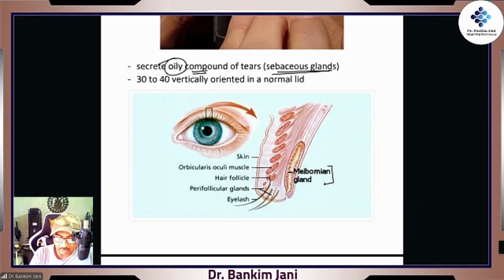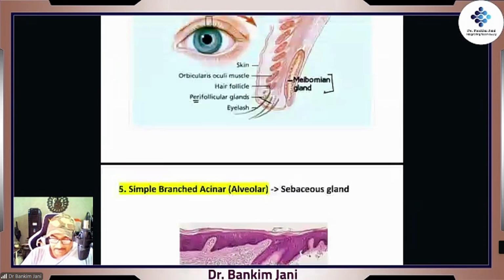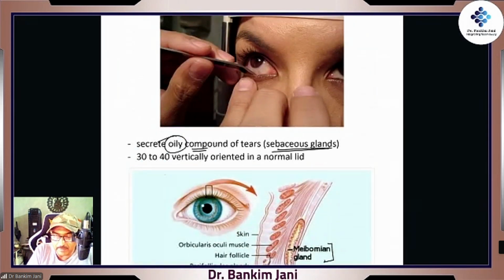Skin, orbicularis oculi, which are the muscles around the eye, and then there are hair follicles, perifollicular glands, peri meaning surrounding the follicle, and these are the eyelashes. Behind it there is a Meibomian gland. At times a swelling appears in this particular area, which is due to these glands.